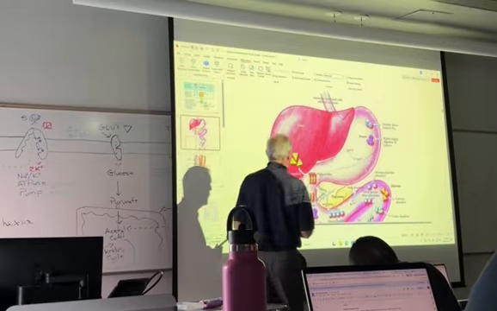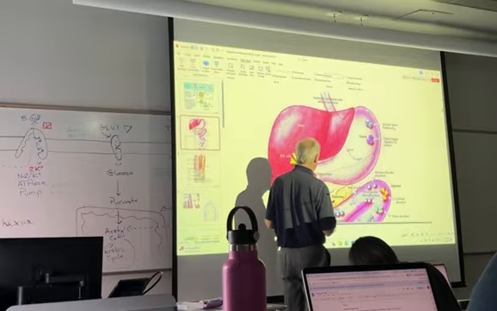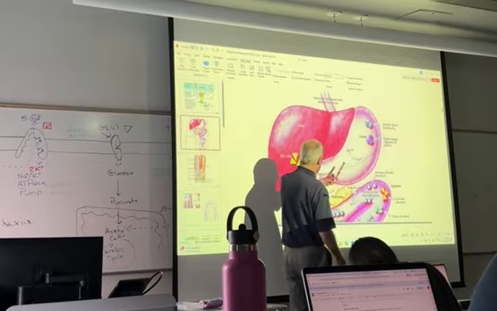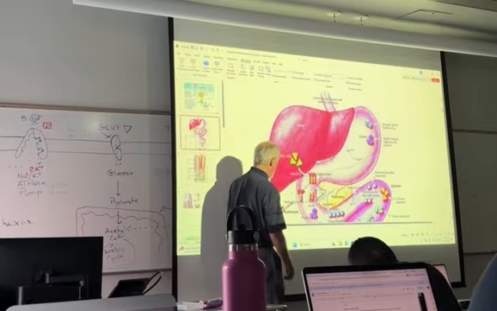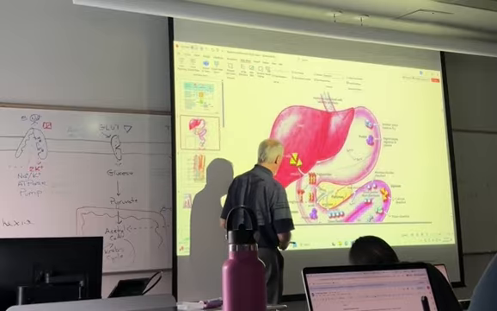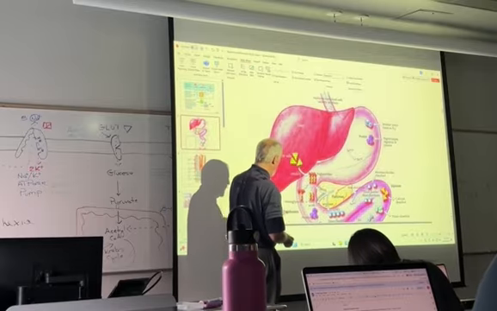And then the food comes down into the stomach, and from the stomach, the food enters into the small intestine. We've got the duodenum.